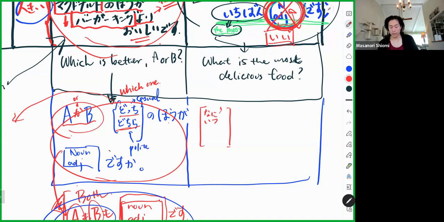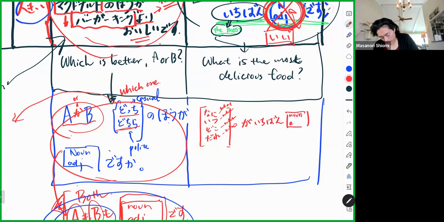Nani is what, itsu is when, doko, where, dare is who, ga, ichiban, whatever noun or adjective that you're comparing with. Desu ka is how you ask question for 3 or more things.